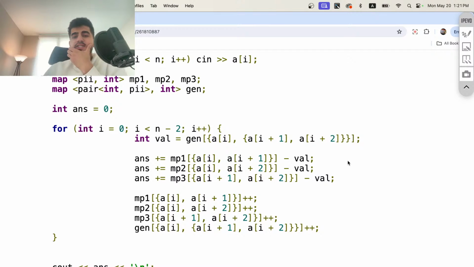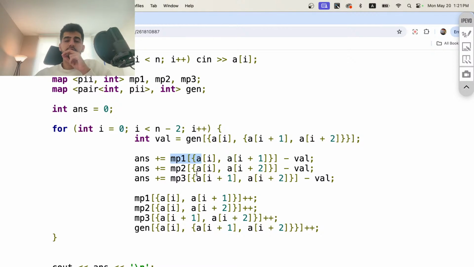So I first see how many triples are exactly equal to this, right? So I can say that first I add MP1 of AI and AI plus 1, so there are the first two elements, and I subtract val from it, because val is the number of them that have these two, but also their third one is the same.